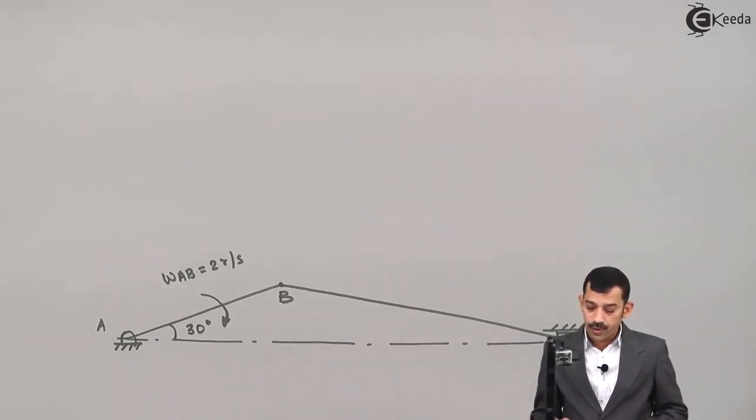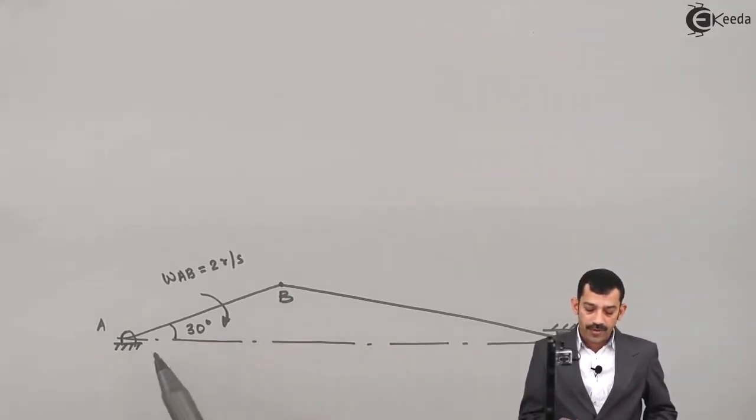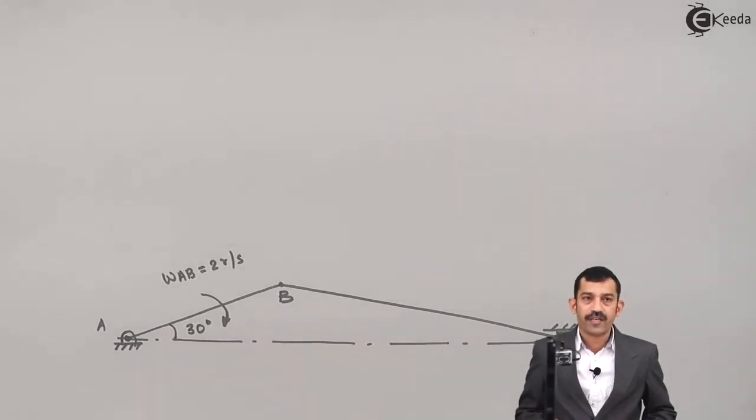Therefore, if you want to find the angular velocity of connecting rod BC as well as the linear velocity of point C, first we have to decide which link performs which type of motion. Crank AB rotates about point A, the hinge support. Therefore, crank AB performs pure rotational motion.